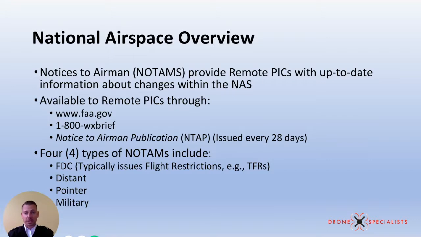Within the Notices to Airmen publication, or available on 1-800-WX-BRIEF or at FAA.gov, there are 4 types of NOTAMs that you'll be looking for. 2 of any real relevance. The FDC NOTAMs, the Flight Data Center NOTAMs, or what we like to refer to as the frickin' darn critical ones. These are NOTAMs that are incredibly important.